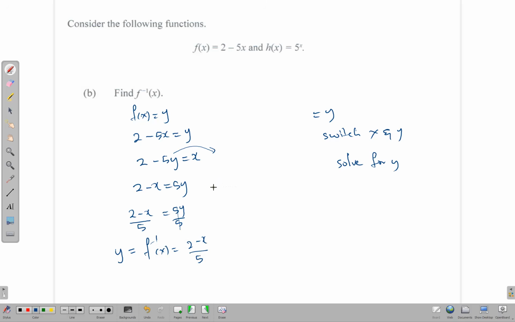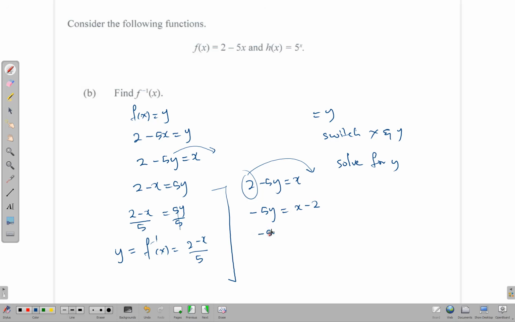If you do not want to do that, then you could also say, all right, starting from here, 2 minus 5y is equal to x, and then rearrange the equation so that 2 is on this side, in which case we have negative 5y is equal to x take away 2, and now we need to divide by negative 5.